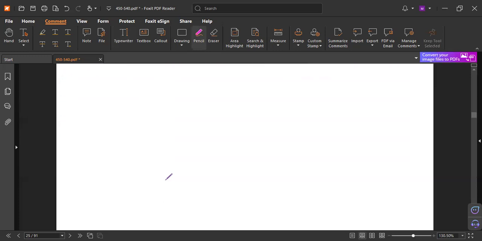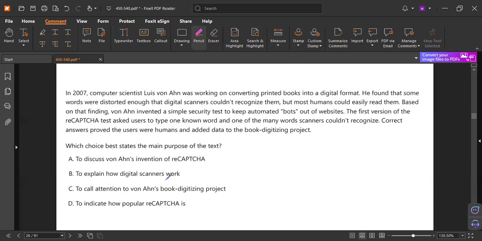Yes. Let's try the next. The purpose. Is it B? Letter B, I don't think so. Remember, always ask yourself, is all the text about how digital scanners work? No, not all how, because how means instructions. It tells you how to do it.